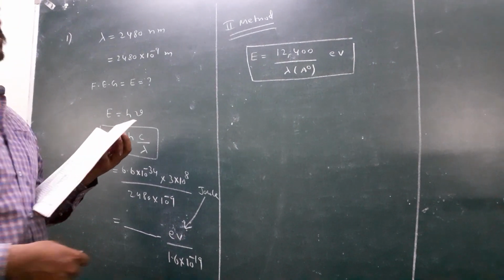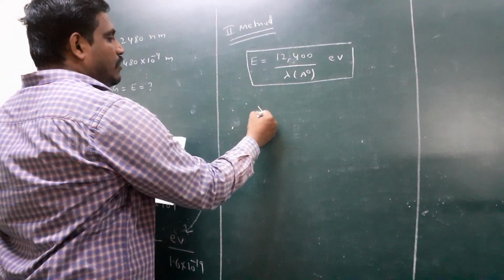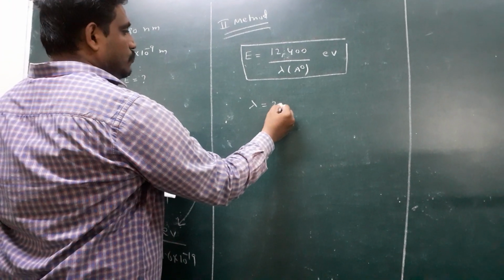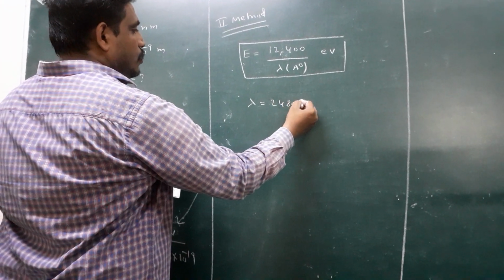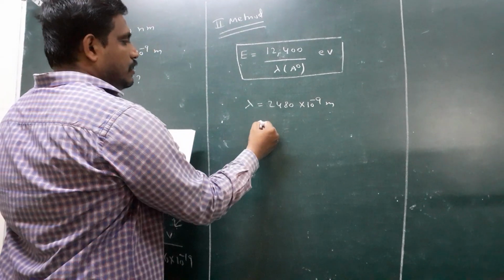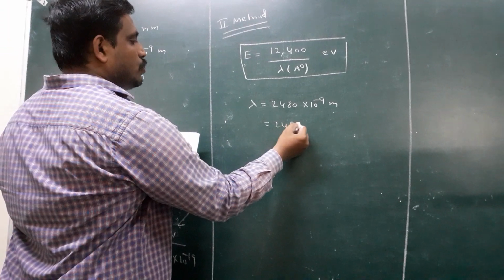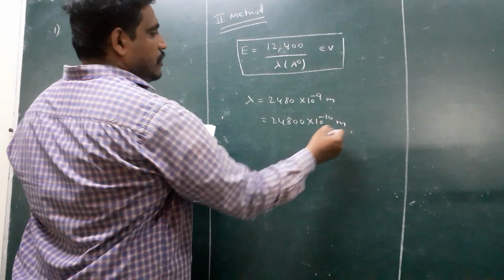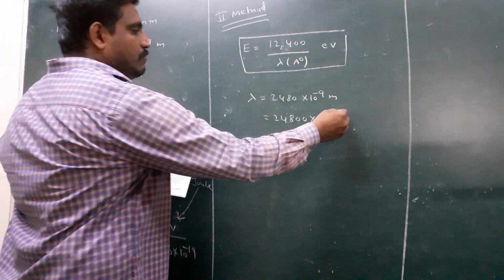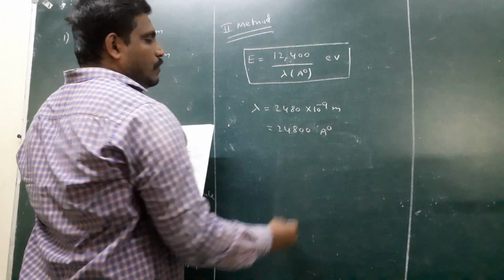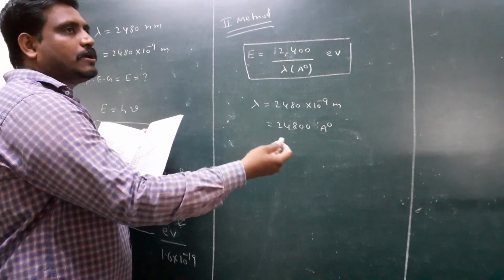Energy unit is eV. Here, what is the lambda value given? 2480 nano. Nano means 10 power minus 9 meter. Neatly written, it is 24,800 into 10 power minus 10 meter. Minus 10 meter means angstrom. That means simply adding a 0, nanometer becomes angstrom.